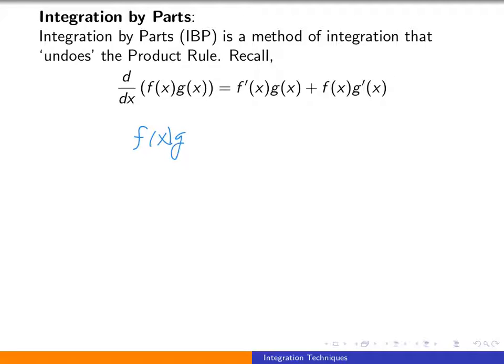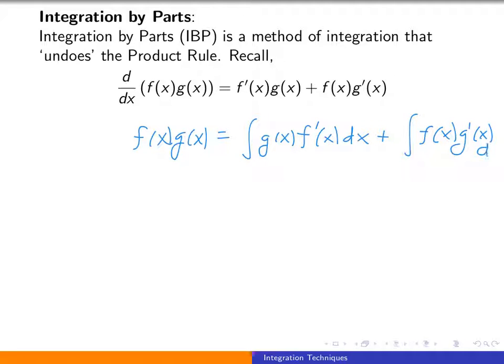So the antiderivative on the left would be f of x times g of x. And on the right, we would get the antiderivative, and I'm just going to change the order of multiplication, I'm going to write this as g of x times f prime x, plus the antiderivative of f of x times g prime x.